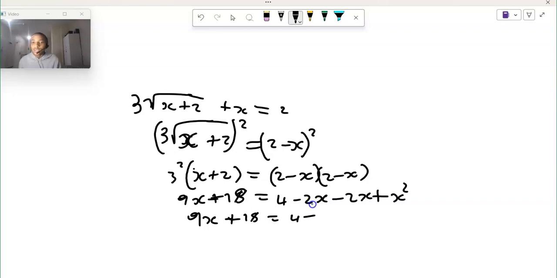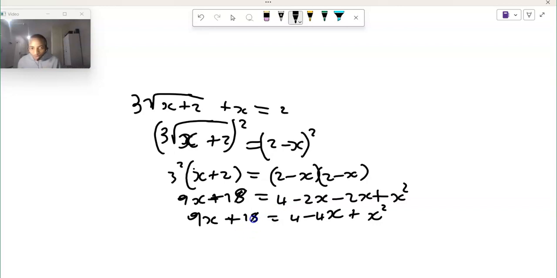These are like terms, so we can just add them so that we can get negative 4x plus x squared, right? And then as you can see that we do have x squared, that means we are going to factorize, or we are going to take it to the quadratic formula, right?